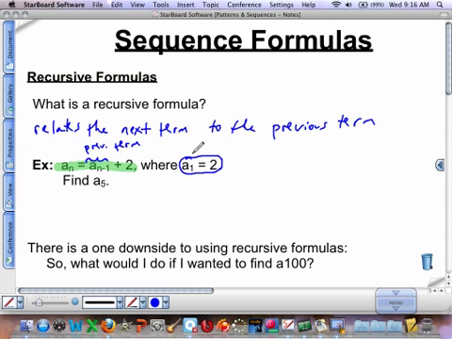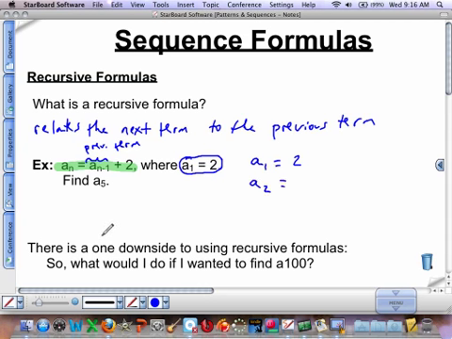Alright, so if I want to find a sub 5, what is that telling me to do? Find the fifth term. Okay, so here we go. A sub 1 equals 2, so my first term is 2. A sub 2, this is where the formula comes in.